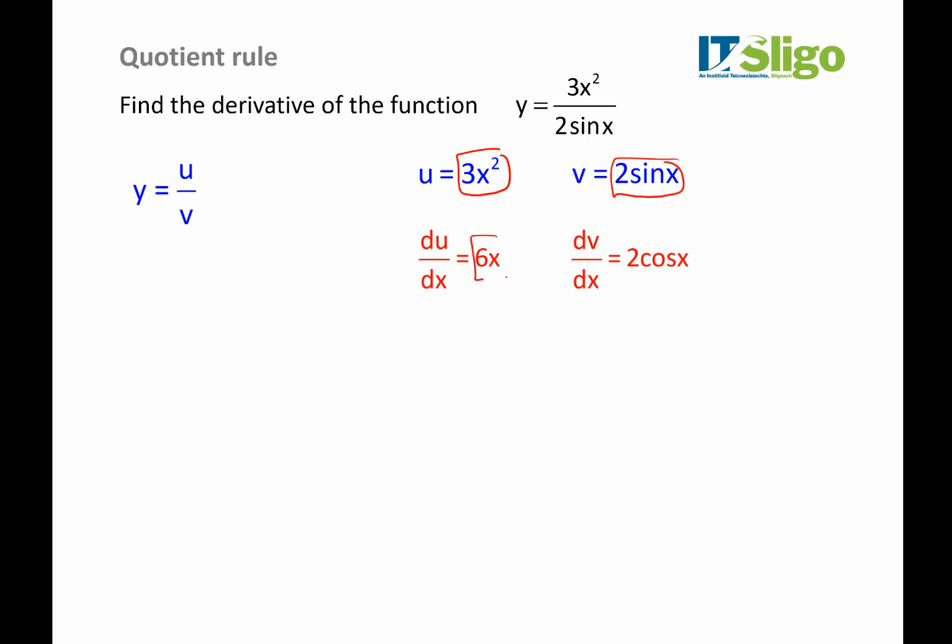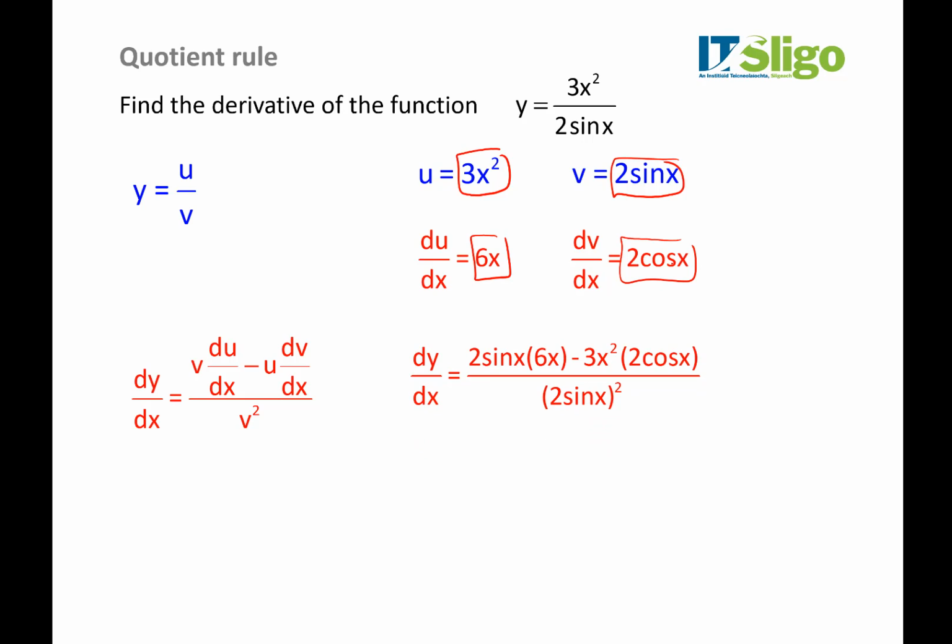And now it's just a case of putting them into the correct place of the quotient rule. So it's v times du/dx, minus u times dv/dx.